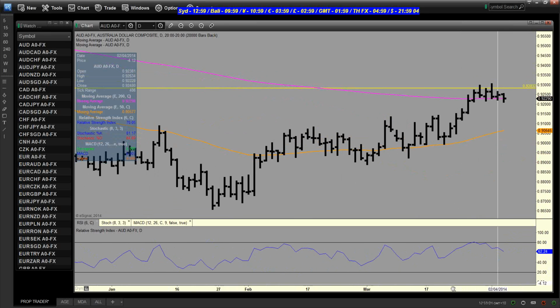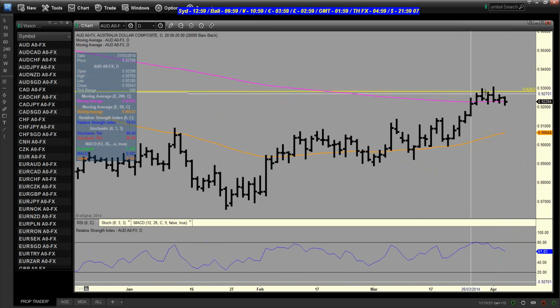All right, so this is the little Aussie. As we can see, we had this divergence here. Hold up. These are my tools. We have divergence across here, and we also had the extensions.